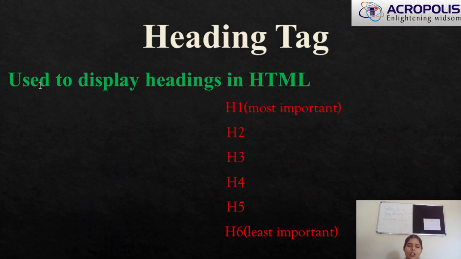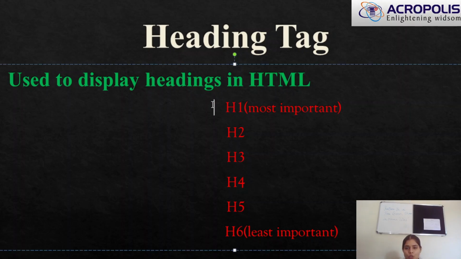Now the heading tags. Heading tags are used to display headings in HTML. H1 shows the most important heading and H6 shows the least important. H2 is less important as compared to H1, H3 is less important as compared to H1 and H2, H4 is less important as compared to H1 to H3, H5 is also less important as compared to H1 to H4, and H6 is the least important.